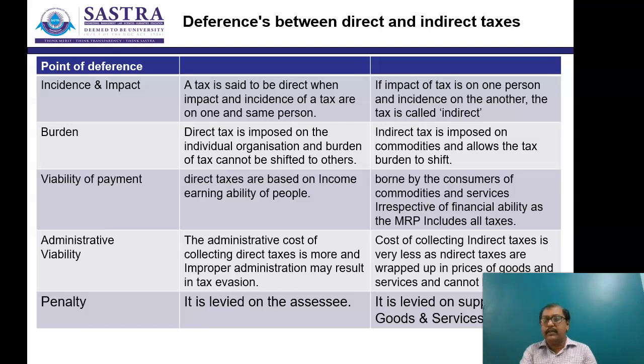So the incidence of tax is on a different person, and the impact is on a different person. The supplier and the service provider will be penalized for non-payment of taxes in case of the indirect tax system.